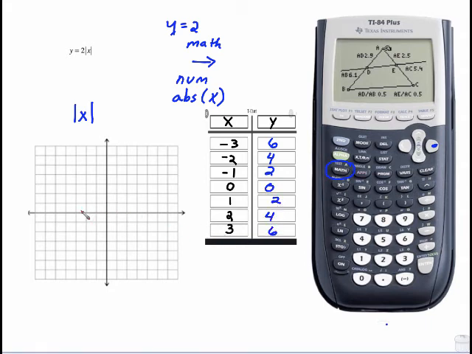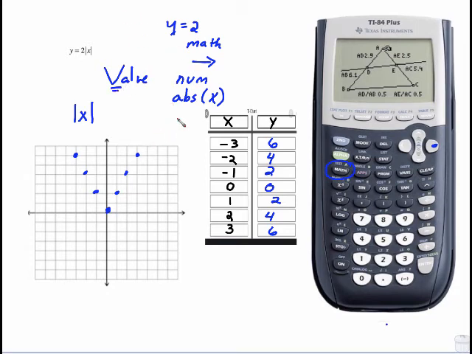So we could graph (-3, 6), (-2, 4), (-1, 2), (0, 0), (1, 2), (2, 4), (3, 6), and connect the dots, and that makes a V. Absolute value, V for value, makes some sort of V.